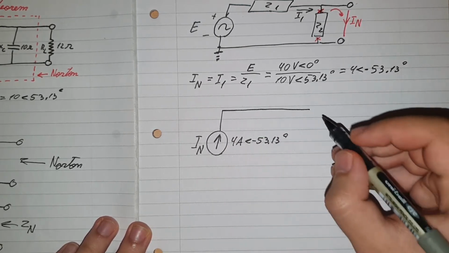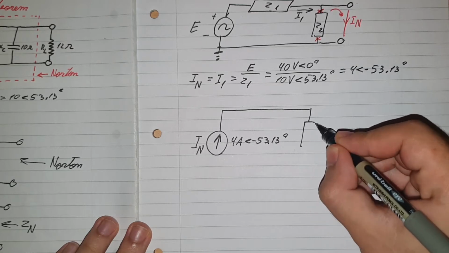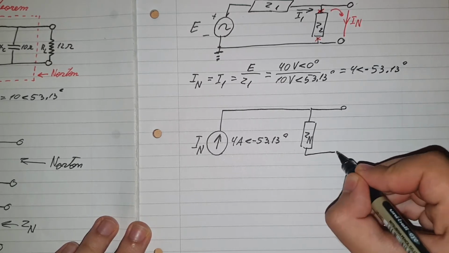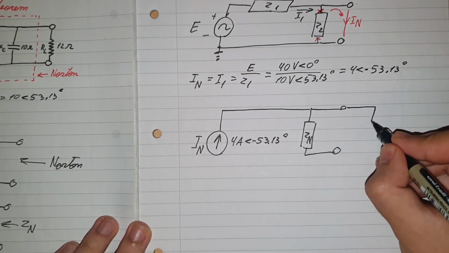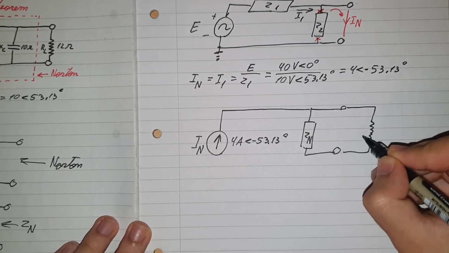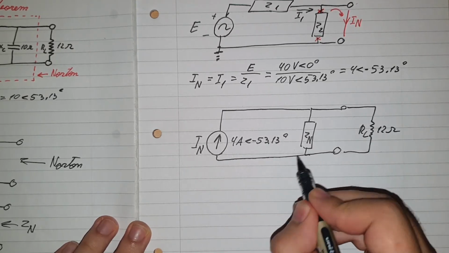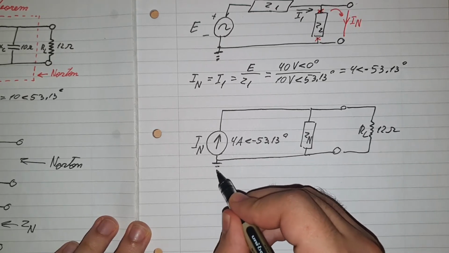Also, there will be Zn, and beyond these 2 points here, it will be the RL, the resistance load, RL of 12 ohms. They are all connected, and here will be the ground.